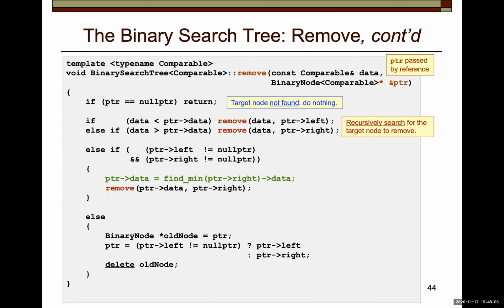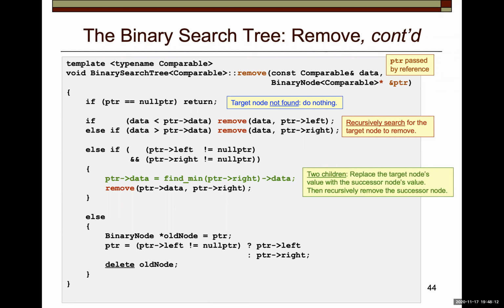Up here we're handling the case where the node that we're removing has two children. So this is the two children case, and this is the no children or only one child case.